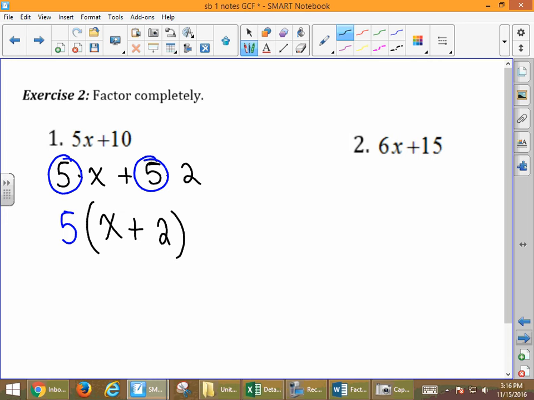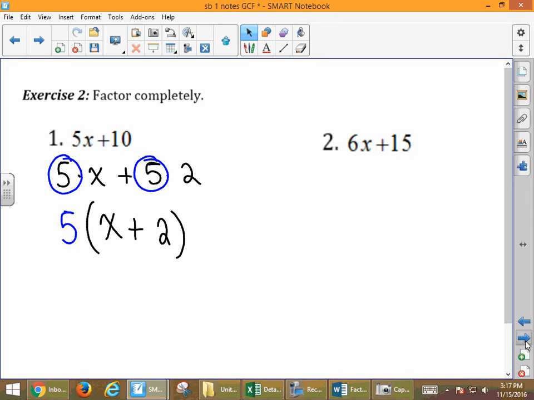What we just did, we took out the greatest common factor. The 5 was the biggest number that divides into both 5 and 10. So if you don't want to write it all out like that, we can do the same thing here with problem number 2. It's 6x plus 15. Well, what's the biggest number that we can divide 6 by evenly and 15 by evenly?